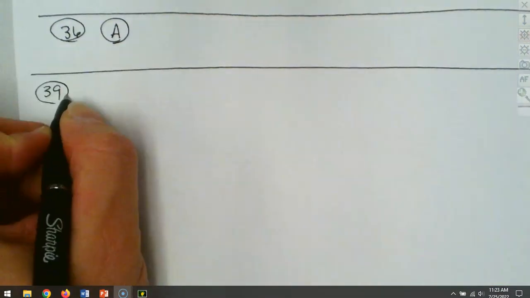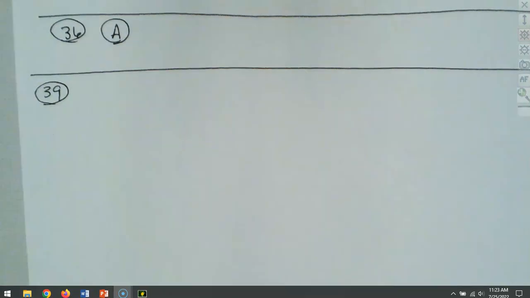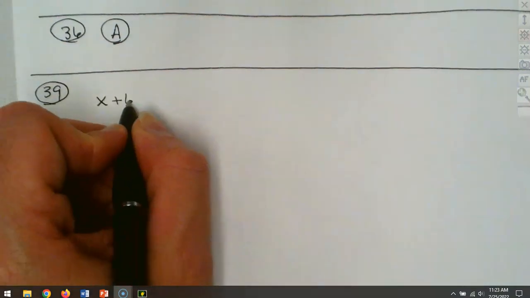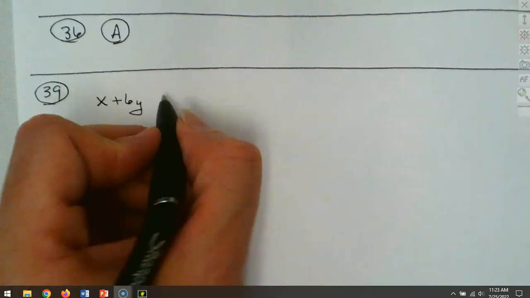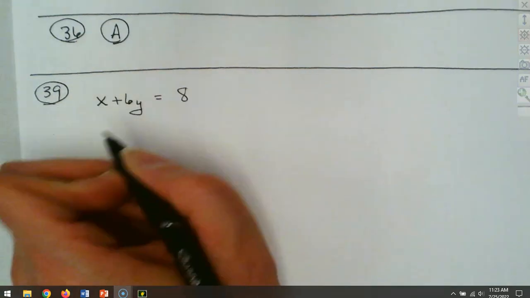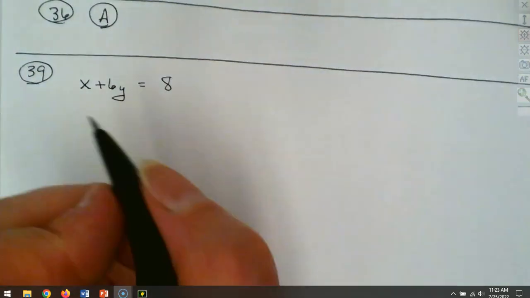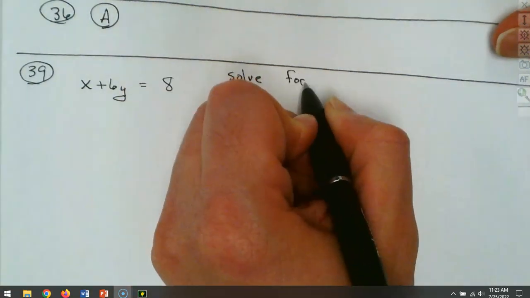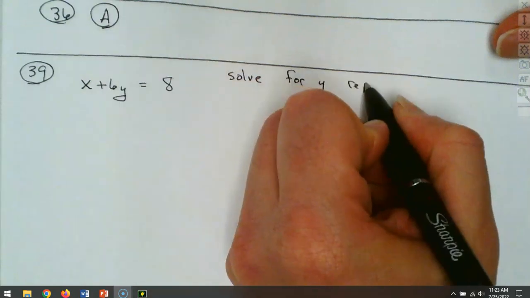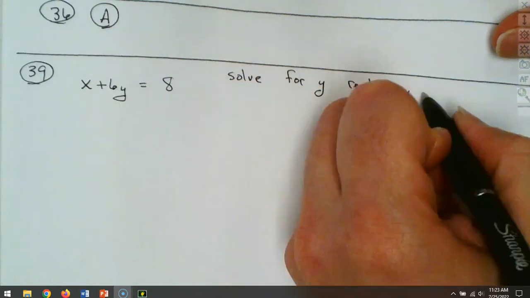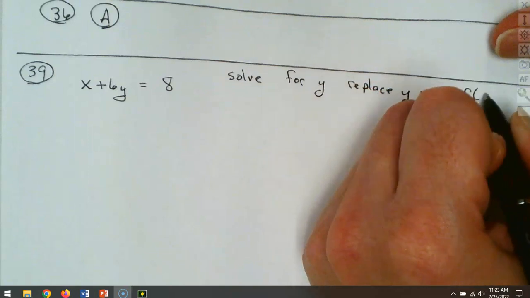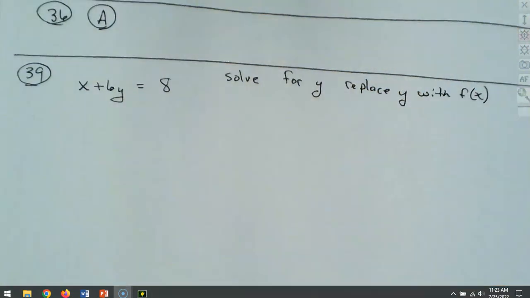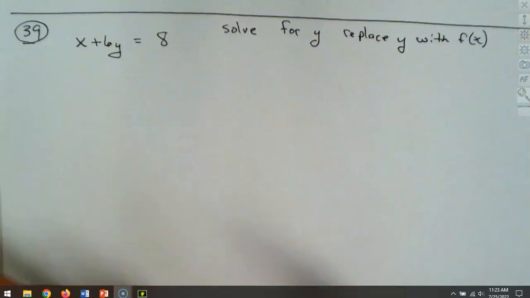Question 39. So 2 more. So what we do on this one is we just solve it for y.